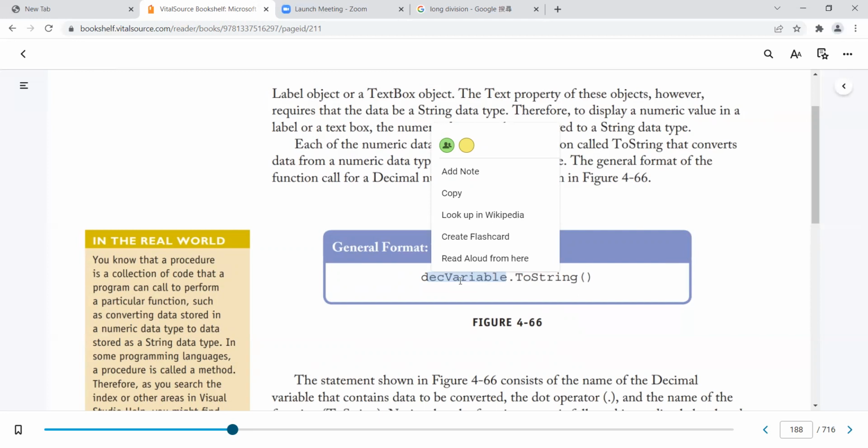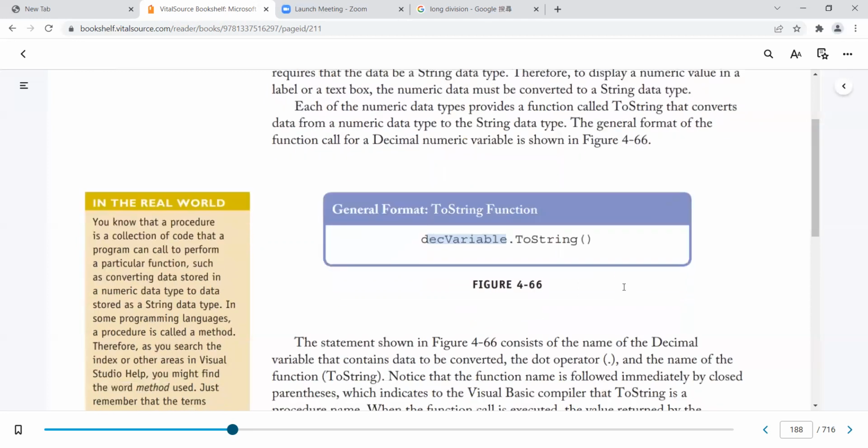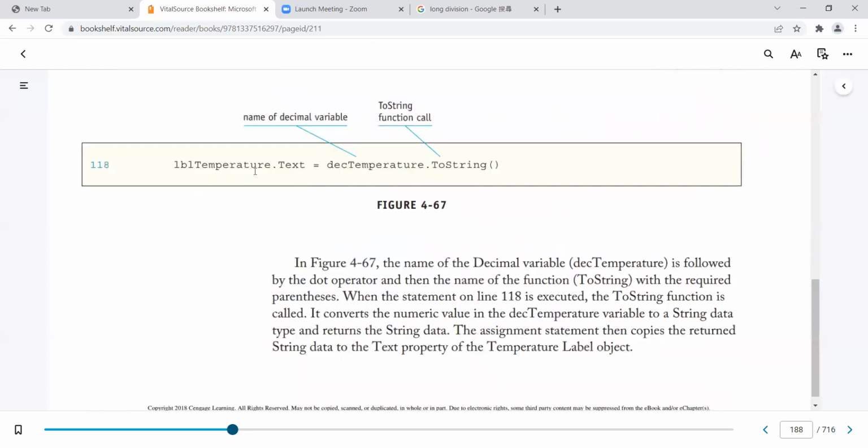So you have this toString, and you can change temperature to string. toString basically converts your numeric numbers into string. Later on, you can assign this to your text property so you can display it on your user interface, because whatever you see on your user interface is always some object's text property, right?